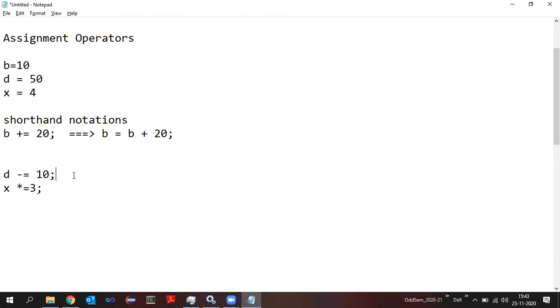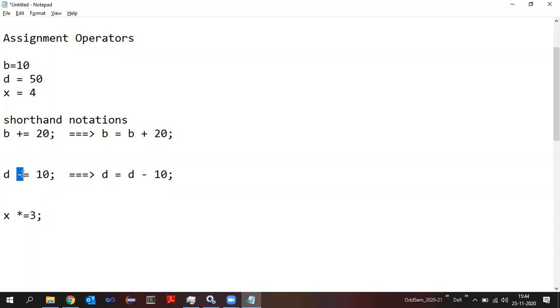Now, in the same way, can you tell me how we can represent the second operation here? D is equal to D minus 10. D is equals to D minus 10. How do we need to understand this? We need to look into the shorthand notations. In the shorthand notations, there are always two symbols.